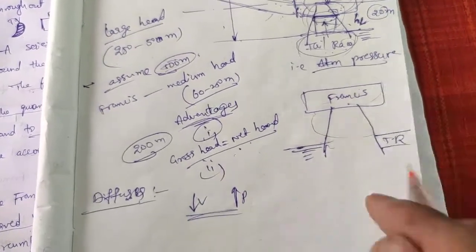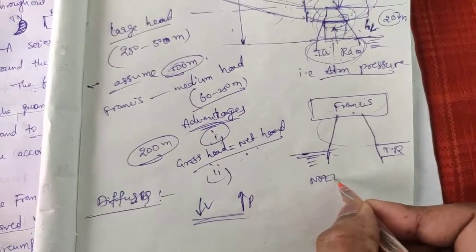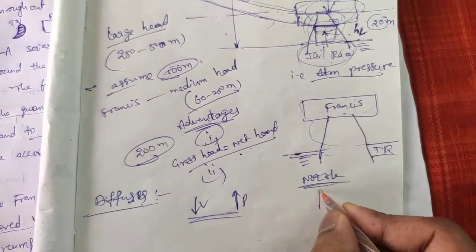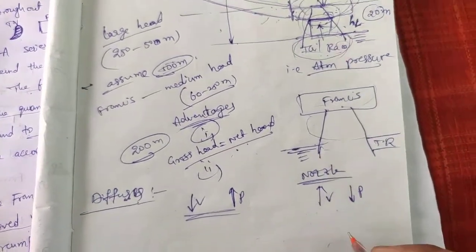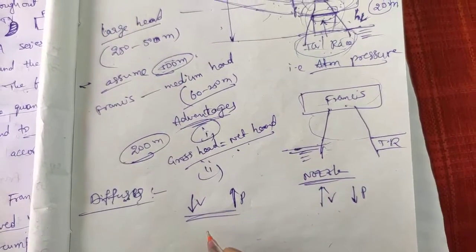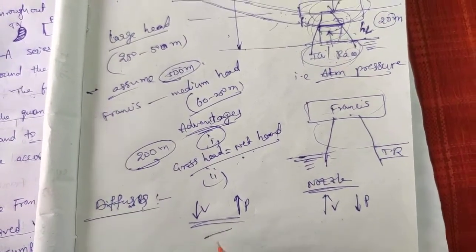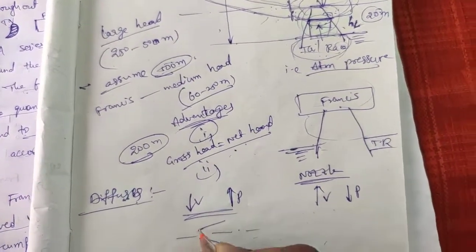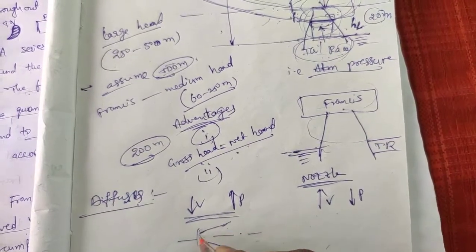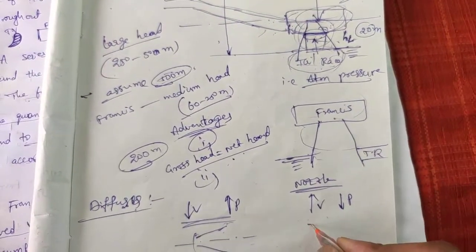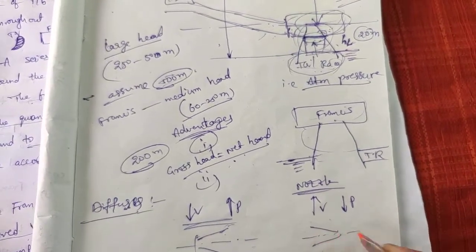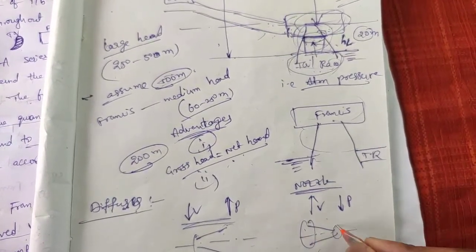In the nozzle, velocity increases and pressure decreases. The diffuser inlet is small, the inlet is minimum and outlet is maximum. The nozzle is like this: inlet is maximum, outlet is minimum.